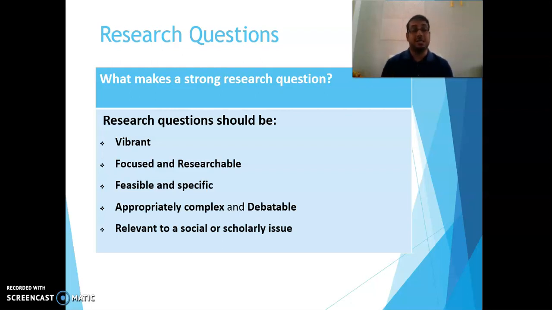It is not answerable with a simple yes or no, but rather requires synthesis and analysis of ideas and sources prior to composition of an answer. Its potential answers are open to debate rather than accepted facts. Then it should be relevant and original to a social or a scholarly issue.